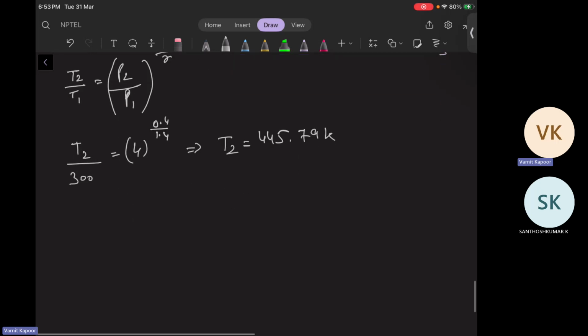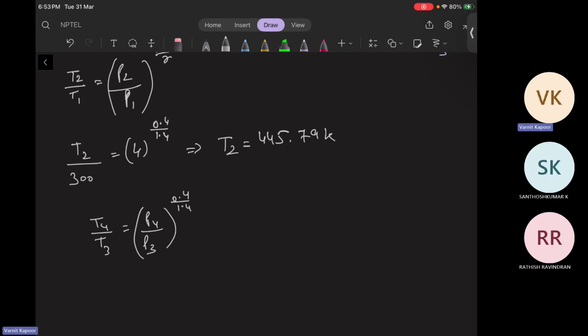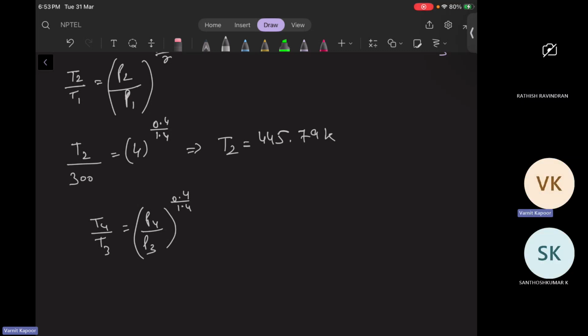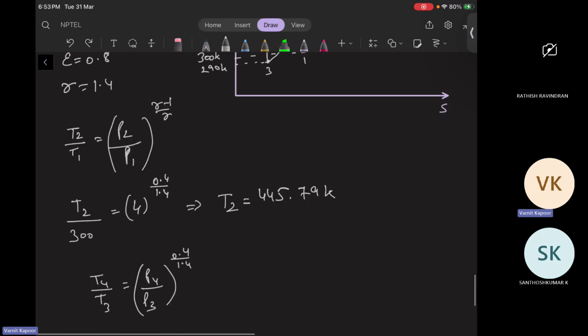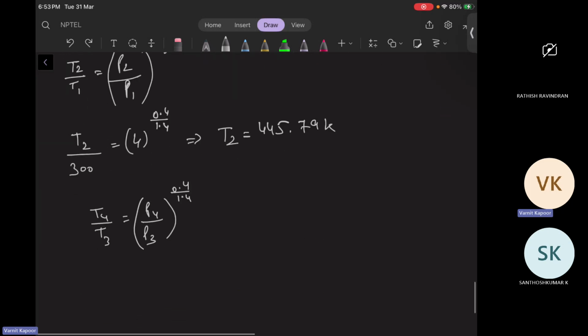Similarly, using this concept, T4 by T3 is equal to (P4 by P3) to the power of 0.4 by 1.4. P4 by P3 is given to you, 8 by 4, that is 2.